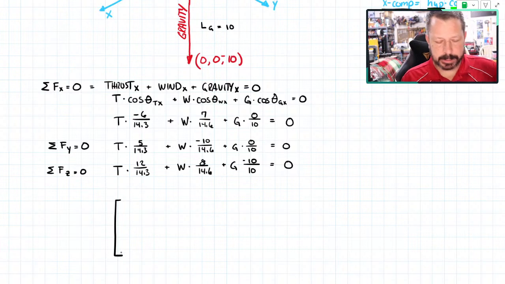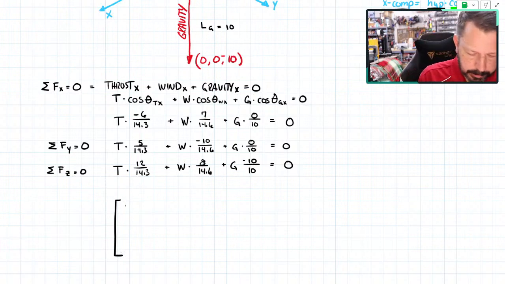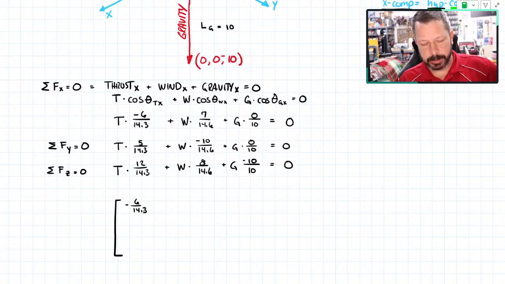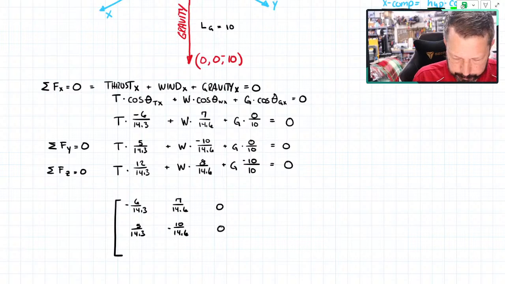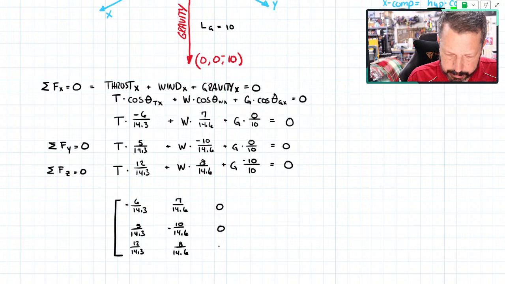So our A matrix is all of the coefficients. We could go in and calculate these as numbers, 6 divided by 14.3 and so forth, but I'm going to write them this way. Well, that's a 0. We can do that. You'll start to see patterns on how this works.